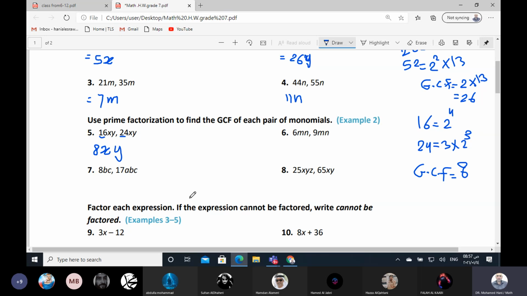Now exercise number 6. Who can answer me exercise number 6? I think it's 3mn. The answer is 3mn.